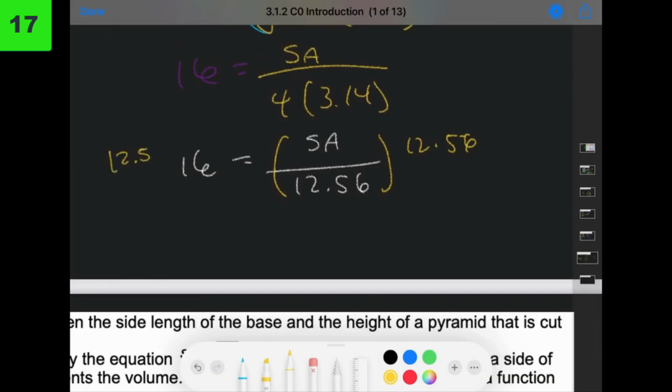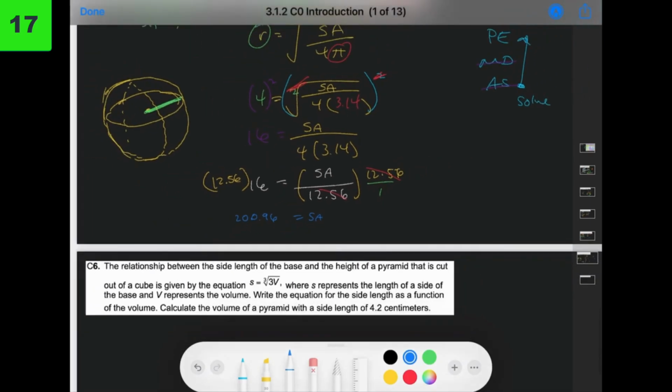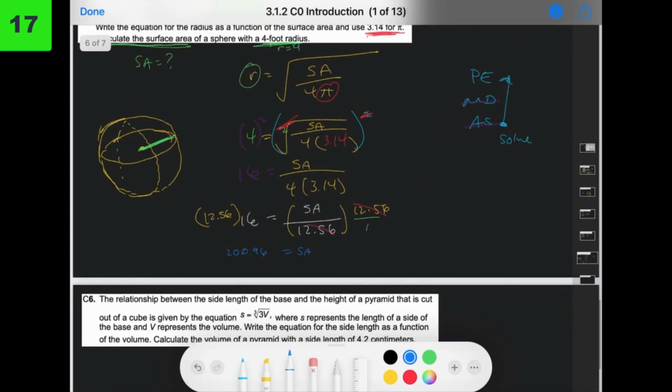We'll see that these will cancel, and then we're going to be left with SA equals 12.56 times 16, and that gives me a number of 296. So the surface area is 296.